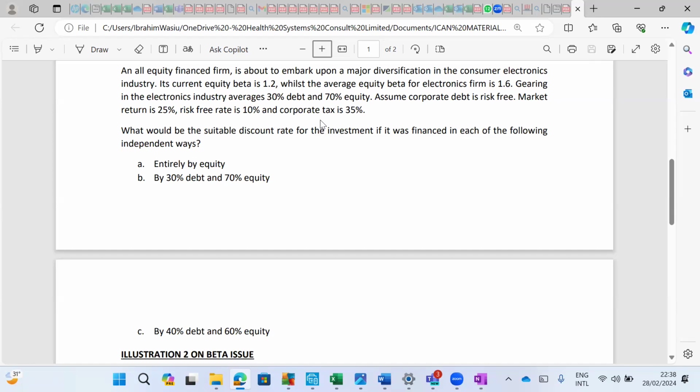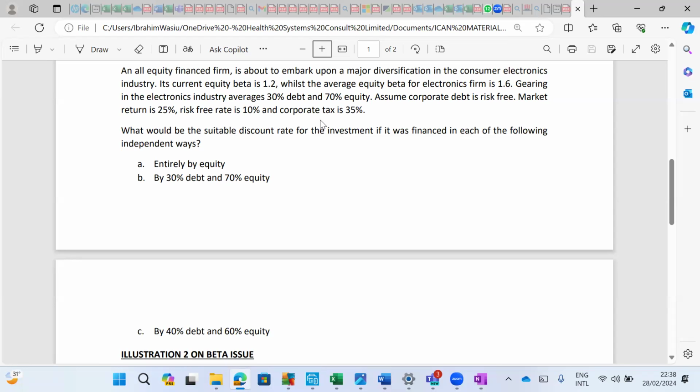Step 2, we have the beta equity of the project company, and we ungear the beta equity to get beta asset. Once we get beta asset, instead of regearing in step 3, we won't do that, because you were told that you want to use only equity to finance it. So you go from step 2 to step 4. You get your cost of equity, which will be your WACC. That's all.